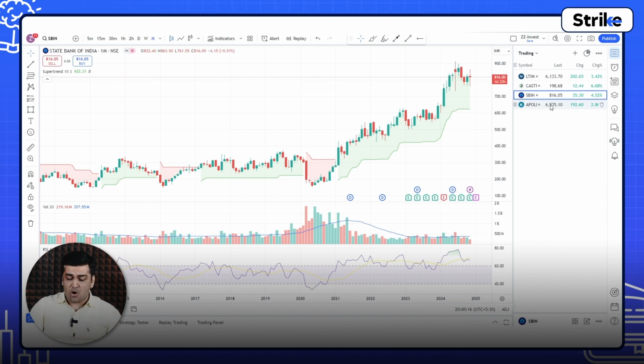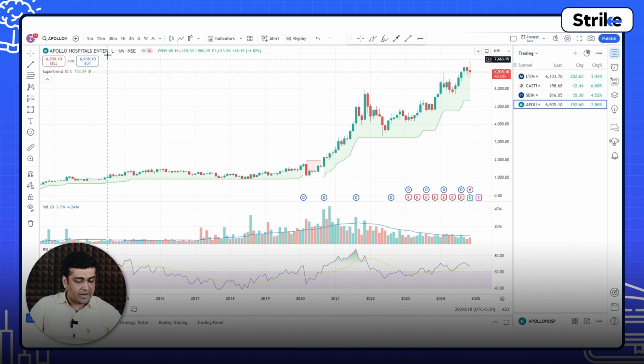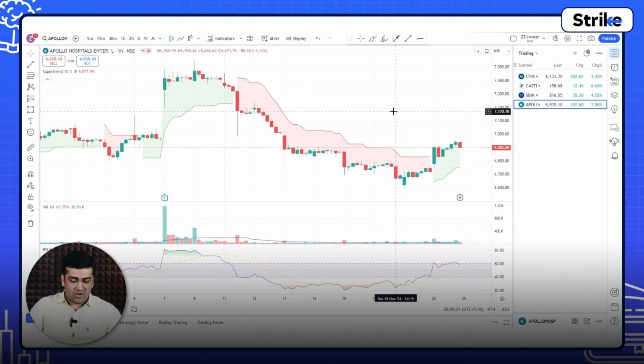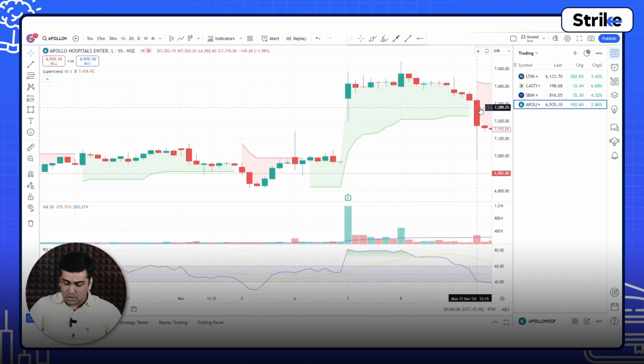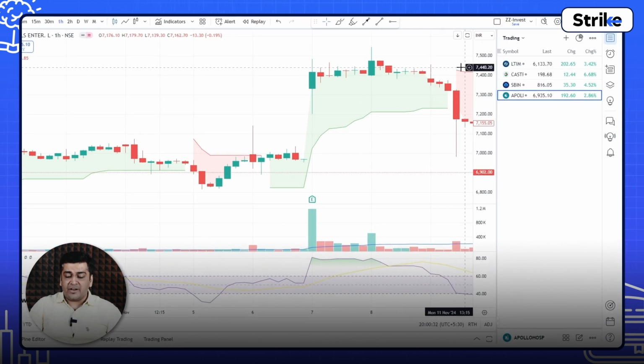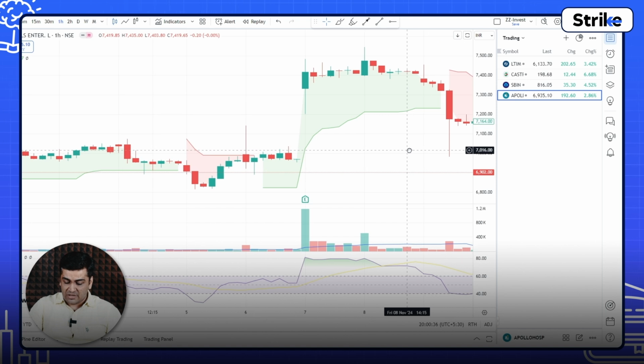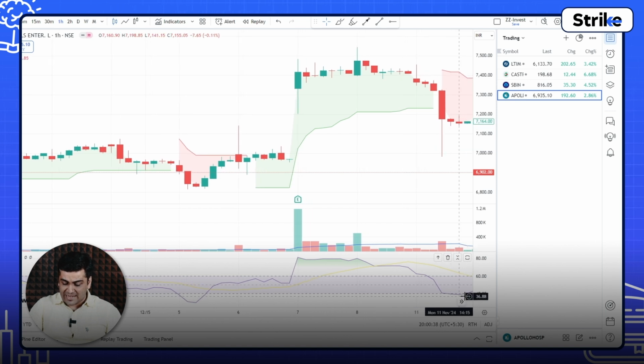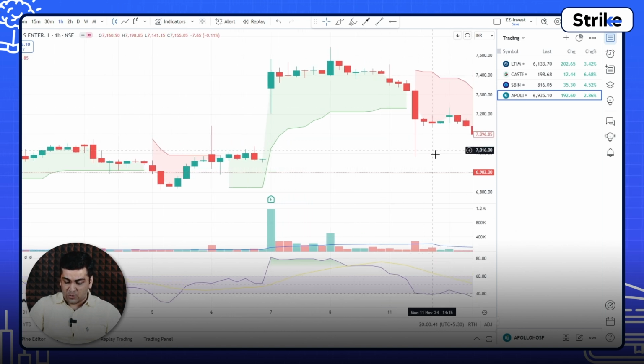And let's look at Apollo Tyres on an hourly chart. On the hourly chart, you could have seen that on the 11th of November, somewhere around 12 o'clock in the afternoon, Supertrend turned bearish. And when Supertrend turned bearish, even RSI went below 40.